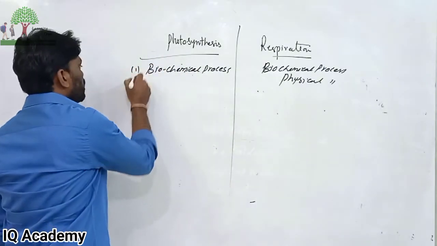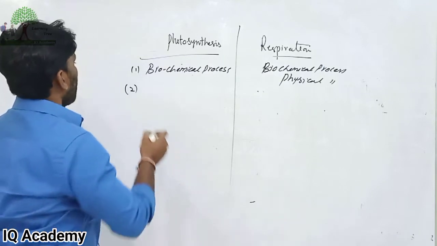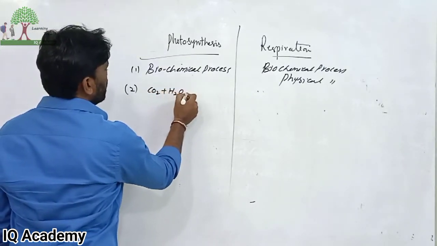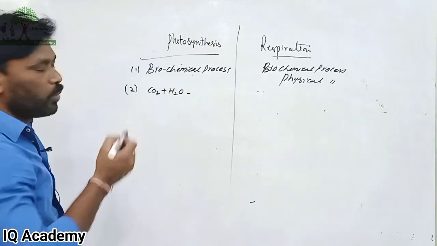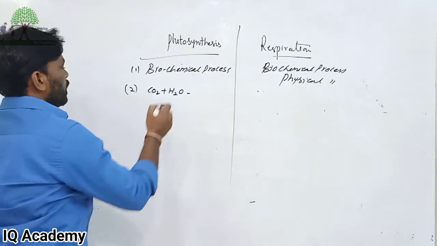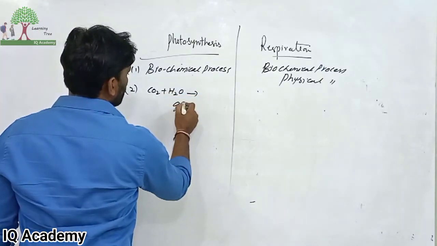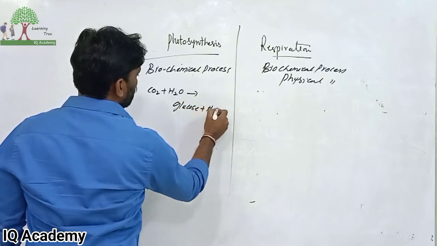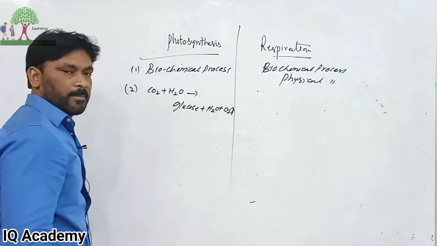And here, in the photosynthesis, carbon dioxide and water is used, and by using this, glucose is produced and oxygen is released.